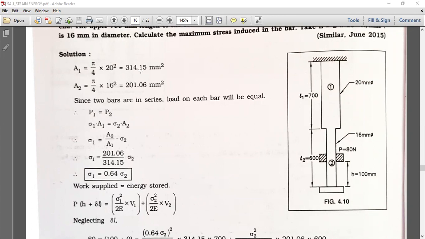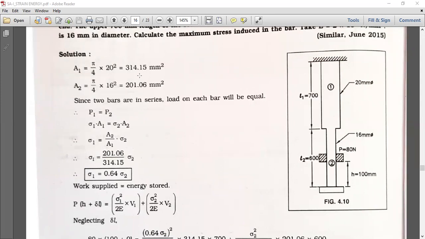We can take P1 as load 1 and P2 as load 2. P1 is equal to P2, where P is sigma into A, so sigma 1 A1 is equal to sigma 2 A2. Thus sigma 1 is equal to A2 divided by A1 into sigma 2. Put the values of A2 and A1, which we already have: sigma 1 is equal to 0.64 sigma 2.